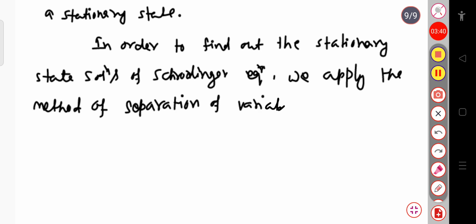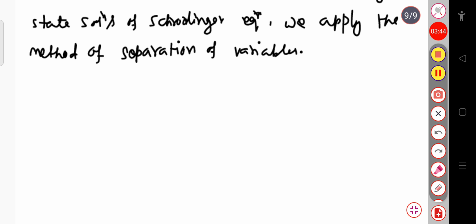Let me write first the Schrodinger time dependent wave equation.